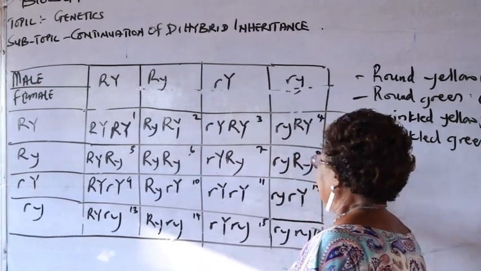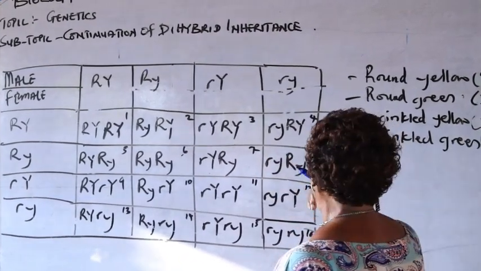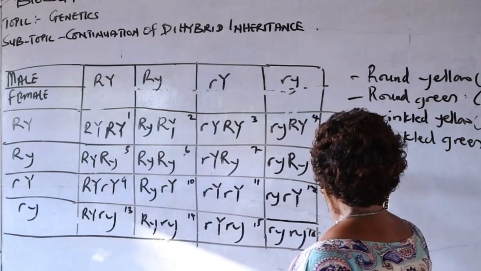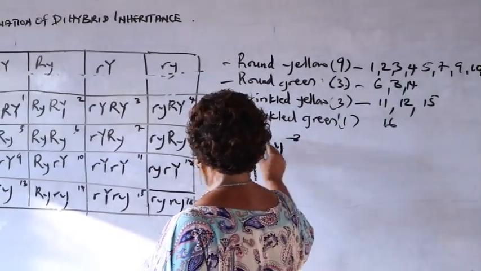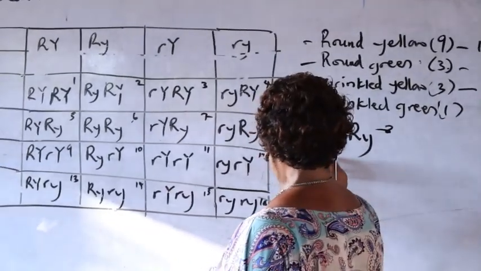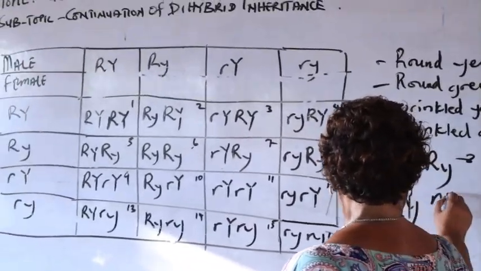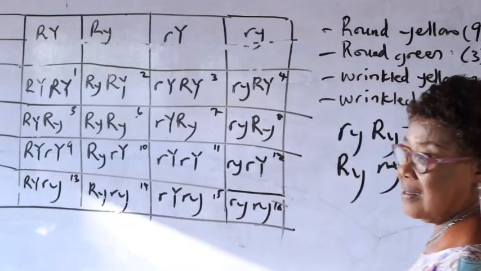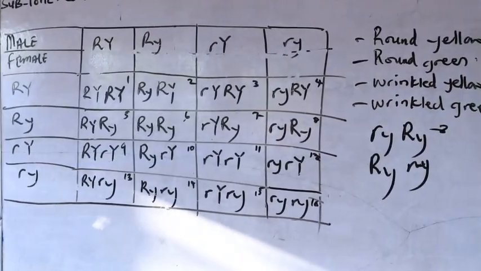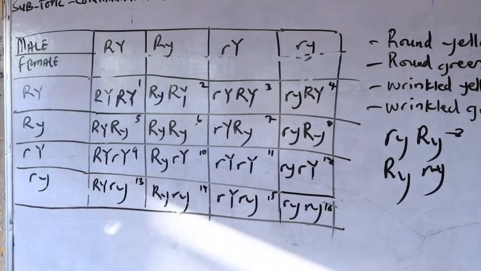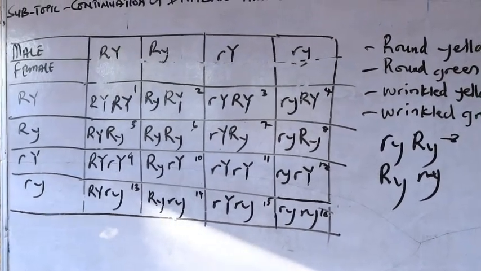You mean bring it out like this? Yes. That's RY. That is 8. Then 14 is RY. Cross it, and then you have crossed this one.